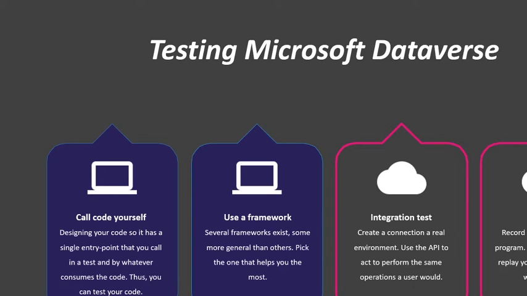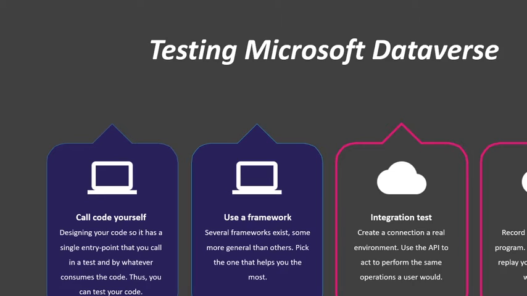But if you want to ensure that your business critical processes pass through your entire IT system, so perhaps you have something that goes through an ERP system where you create an account, it flows over to Dataverse where you do some operations on it, and it flows back into your ERP system, a UI test would be perfect for that.